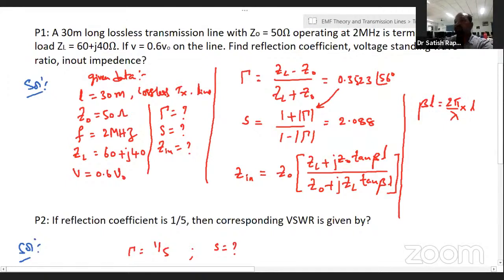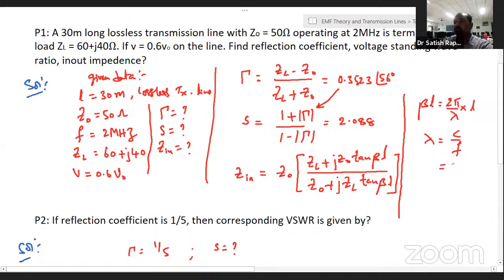How do you determine lambda? Wavelength lambda is equal to C by F. C means velocity. Sometimes it is represented with C and sometimes with V, both are the same.